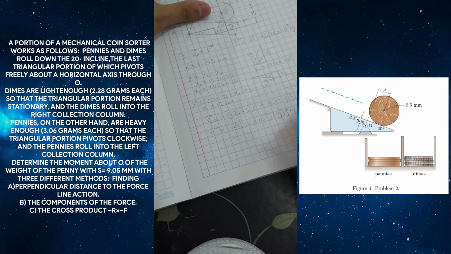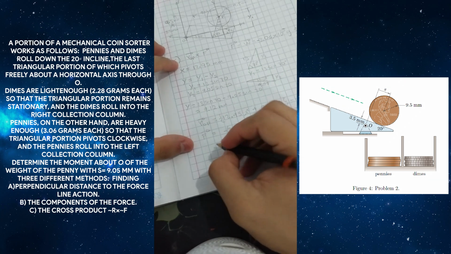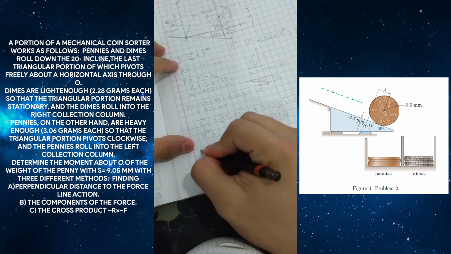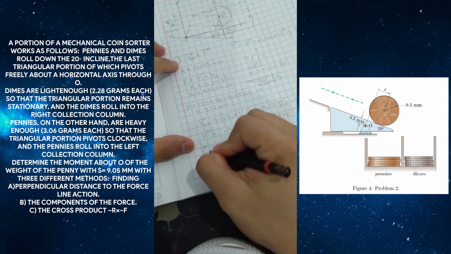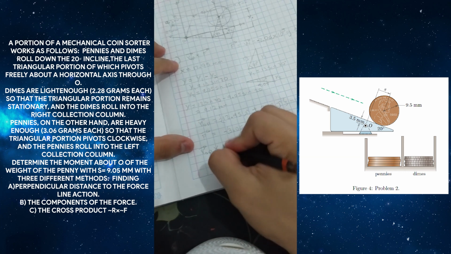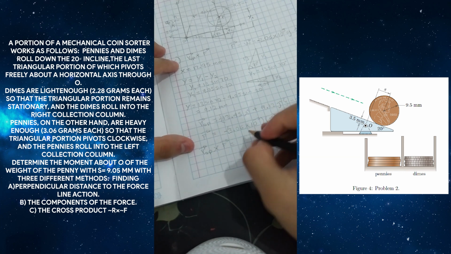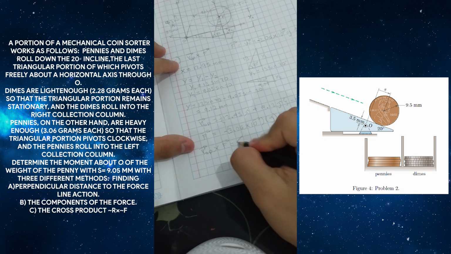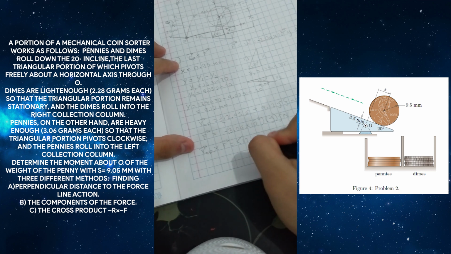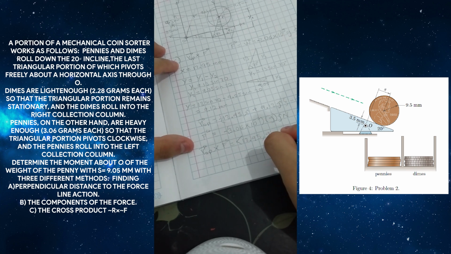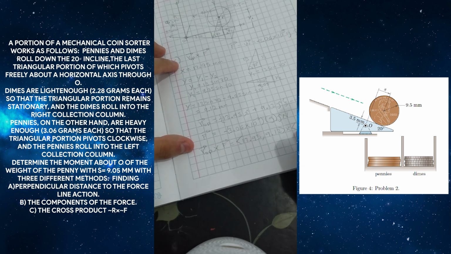So now we are going to do the cross product, that is ROP cross product the force, that is 12.95, 9.12, cross product 0 in i, and negative 3.06 times 10 to the power negative 3 times the gravity.